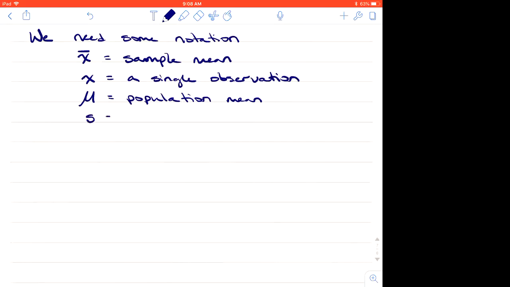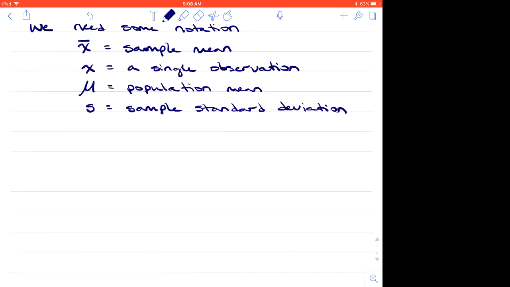Lowercase s is the sample standard deviation. And a lowercase sigma, which is just an O with a tail on top, is the population standard deviation.